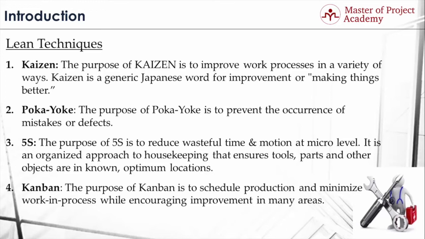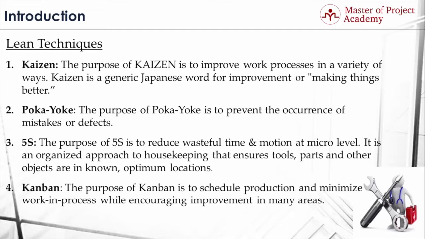Kanban literally means signboard or billboard in Japanese. Kanban utilizes visual display cards to signal movement of material between steps of a production process. It is a scheduling system for lean and just-in-time. Kanban was developed at Toyota to find a system to improve and maintain a high level of production.